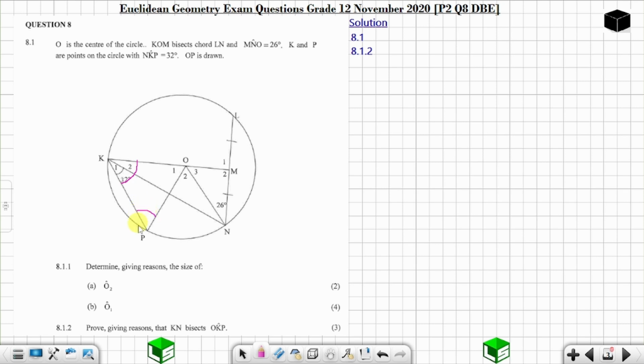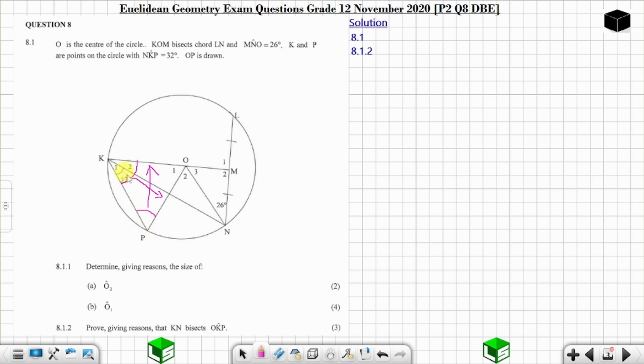This angle P is opposite OK, and the angle OKP is opposite OP. So angles that are opposite equal sides are also equal.